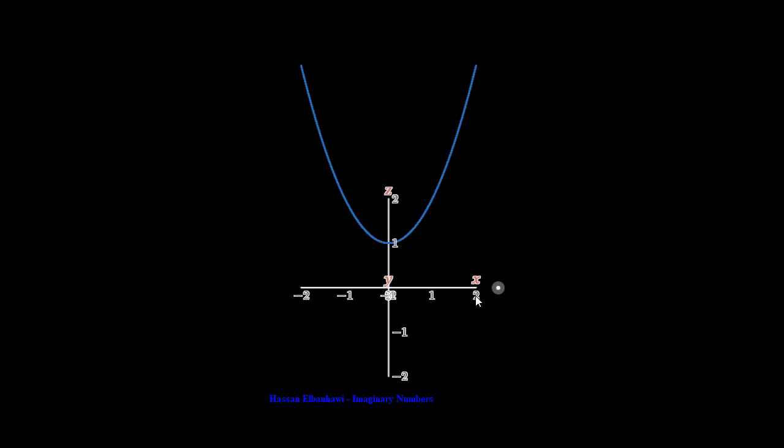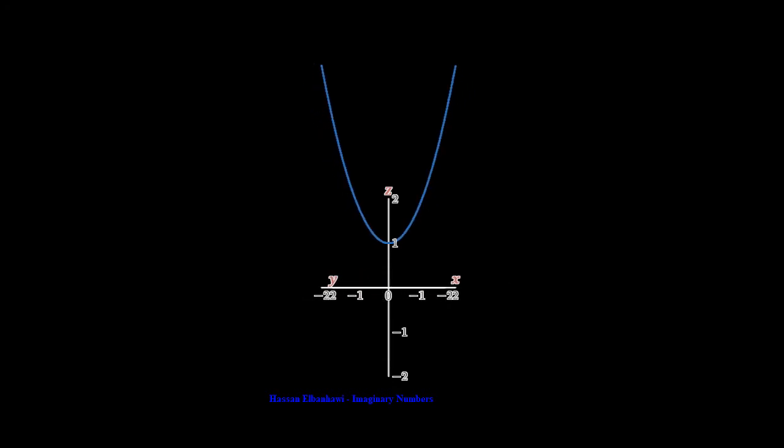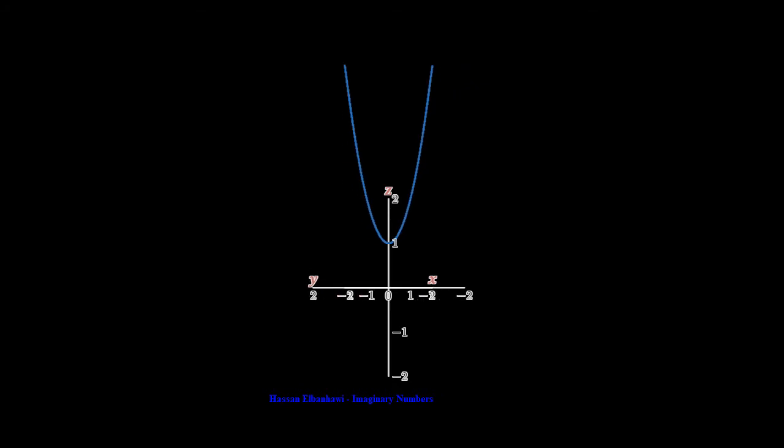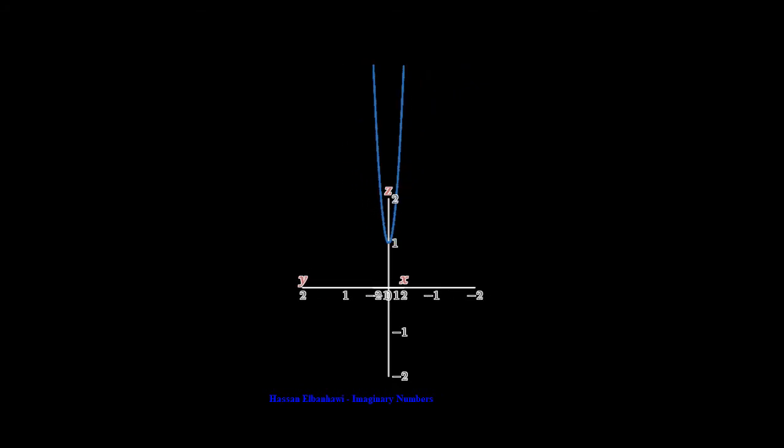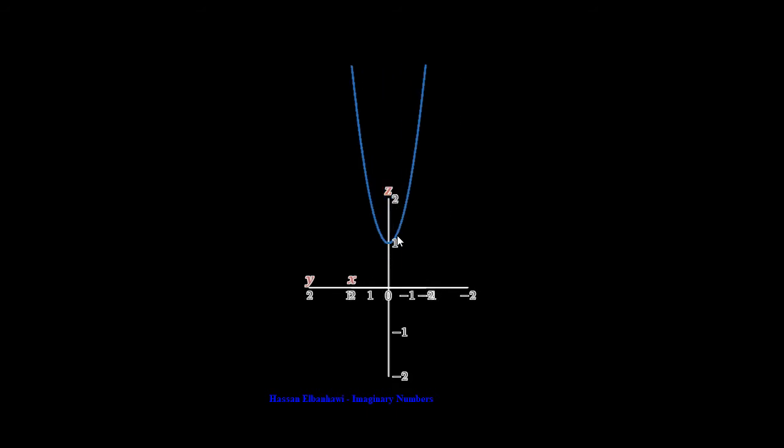Okay, so I will start rotating this function here, as you can see, and as it's rotating we will see that it doesn't have any existence in the y direction.